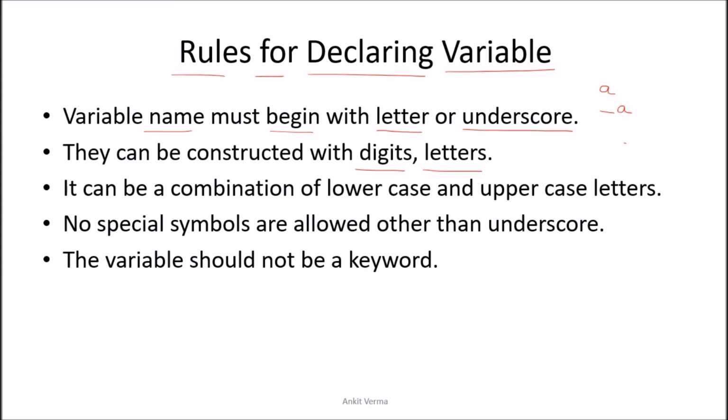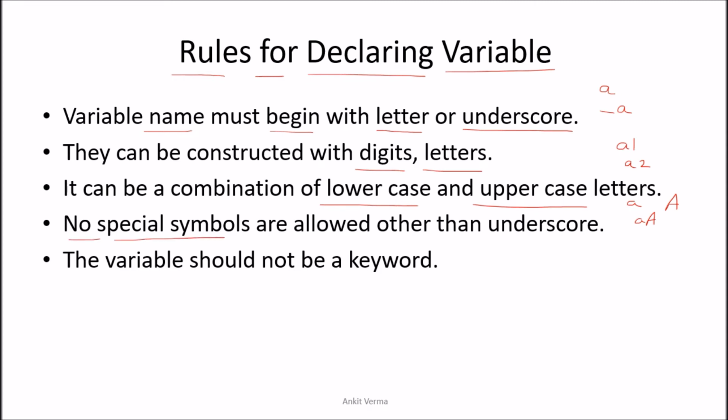That means digits can be there, a1, a2, b1, b2. That is totally correct. It can be a combination of lowercase and uppercase letters, that means small a, capital A, or even small a, capital A together. Both are correct for declaring a variable.